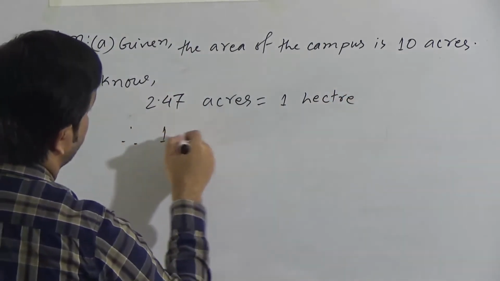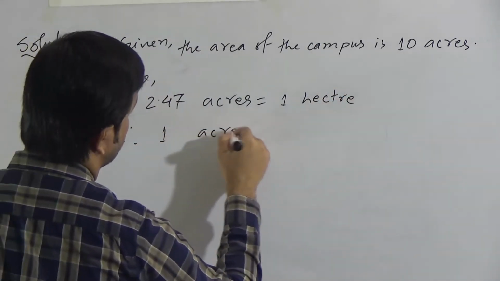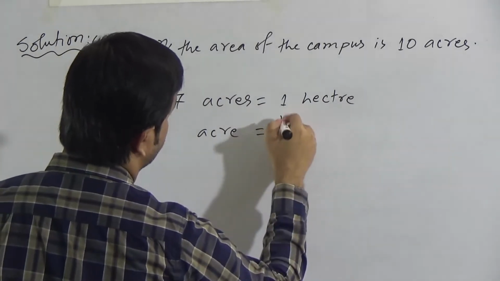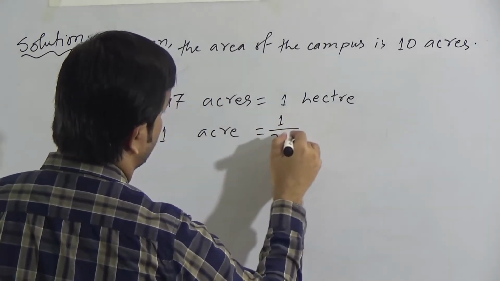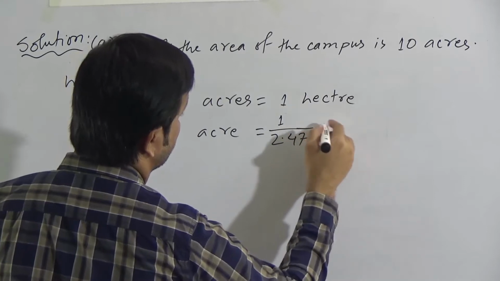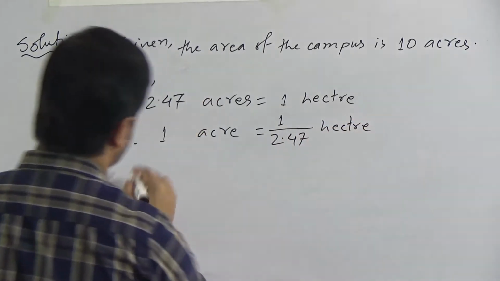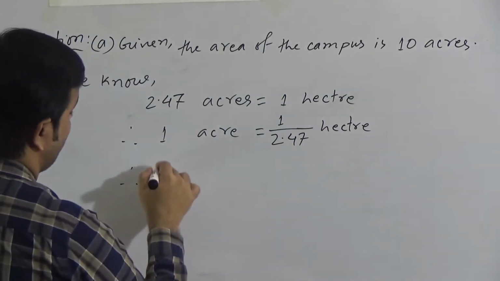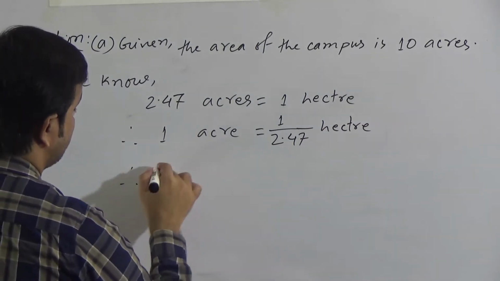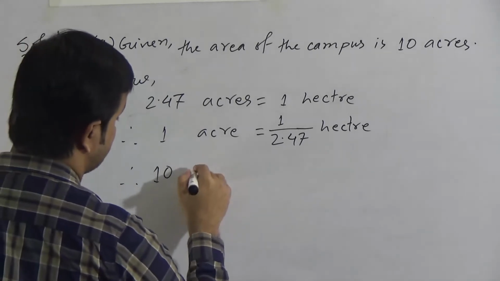Therefore, 1 acre is equal to, we have to divide 1 by 2.47. This will be hectare. Therefore, we need to convert 10 acres into hectares.